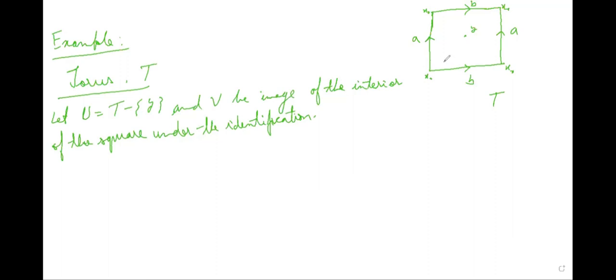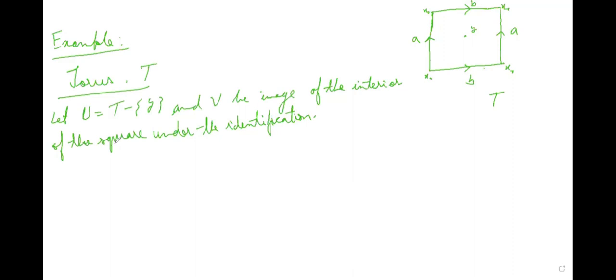Okay, so this interior portion remains as it is. Only these edges are being identified, right? So V is this interior, right?